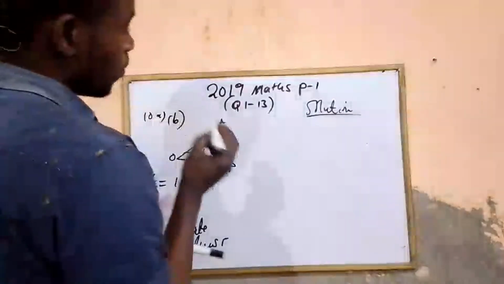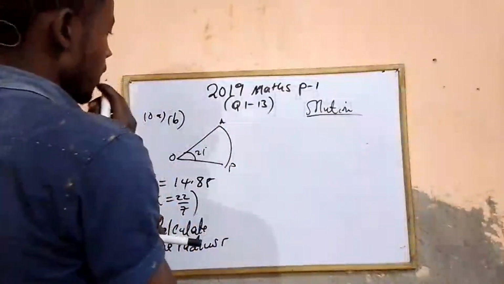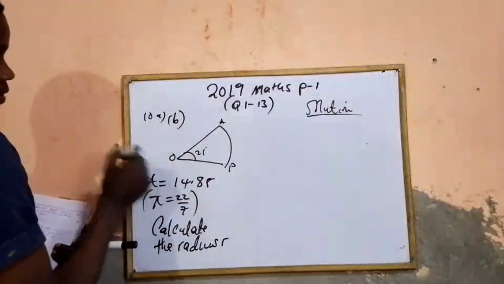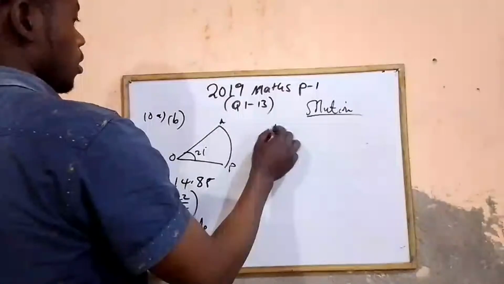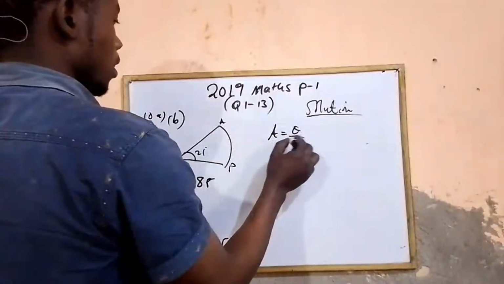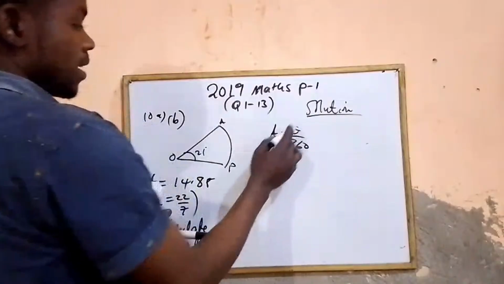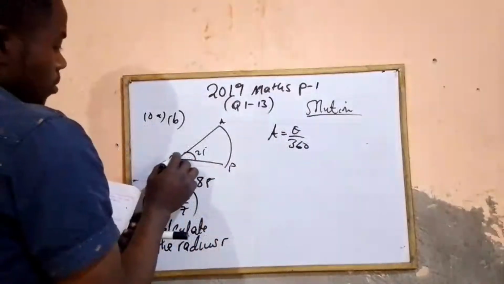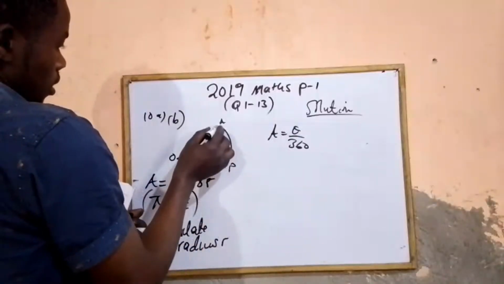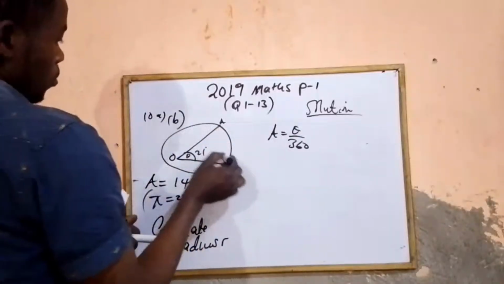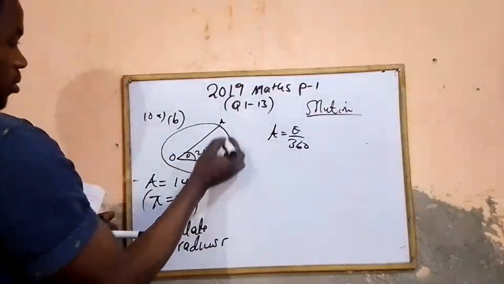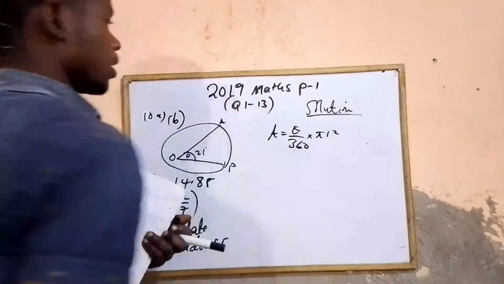We all know the formula for finding the area of a sector, because area is what we're given here. So area is equal to theta over 360. Why is it theta over 360? Because this is theta here over the whole circle, since it was only cut here.